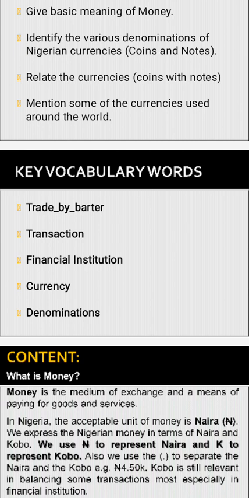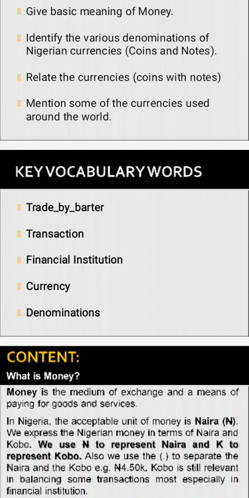Take for instance, if I have clothes and you have shoes, and I need shoes and you need clothes, we can exchange, at the same time comparing the value. Based on the value, we exchange. What I don't need, I trade for what you have, but you too don't need.